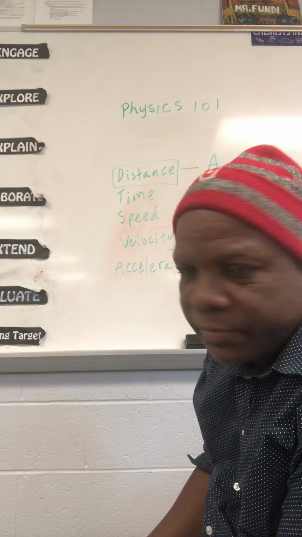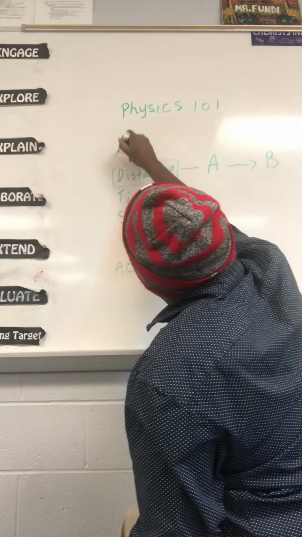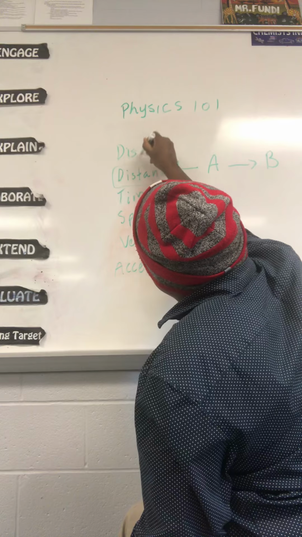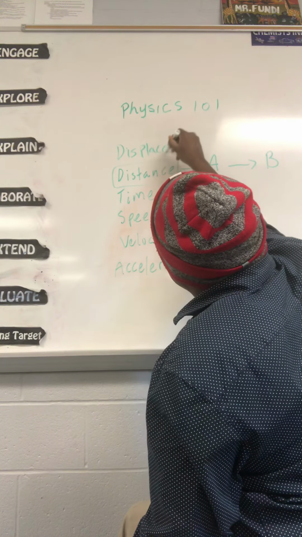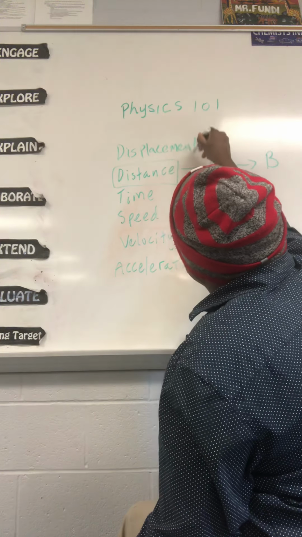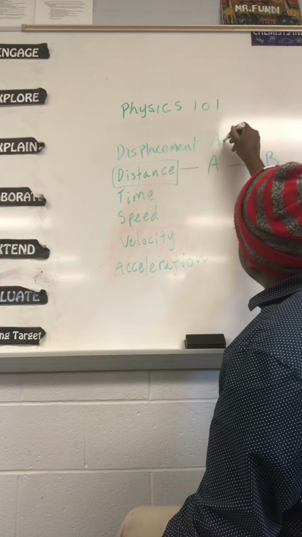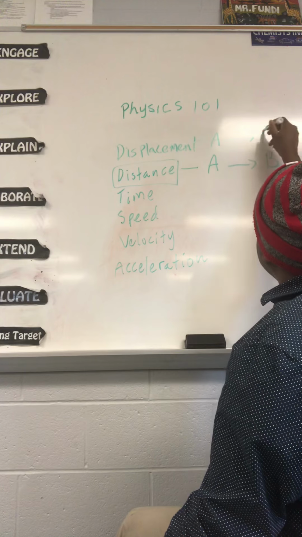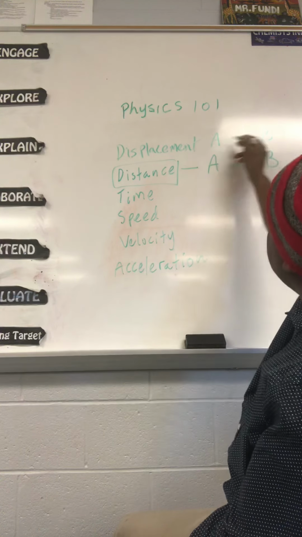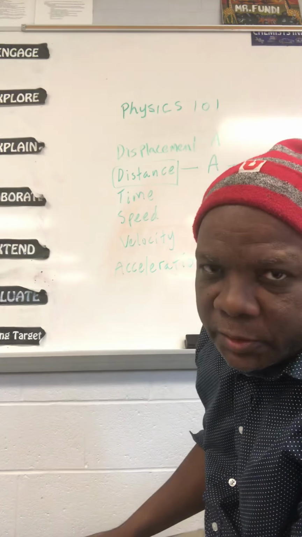There is a difference between distance and what we call displacement. Displacement is just the direct distance between A and B, the direct distance between two points.